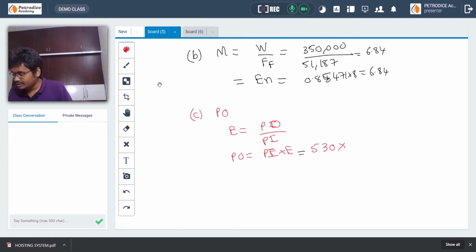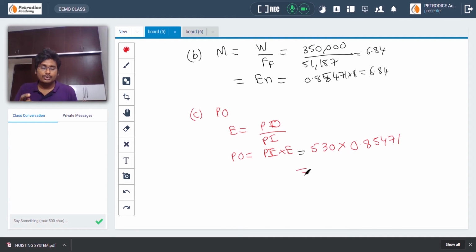So E is equal to 0.85471. The power output, the maximum hook horsepower available, will be 530 times 0.85471, which is 453 horsepower.